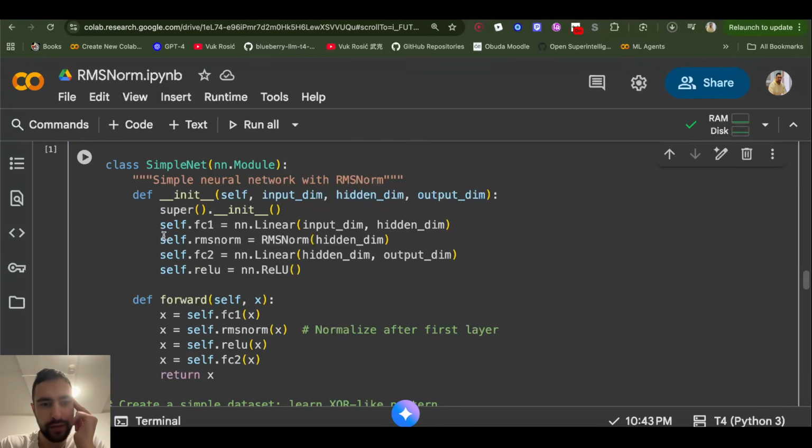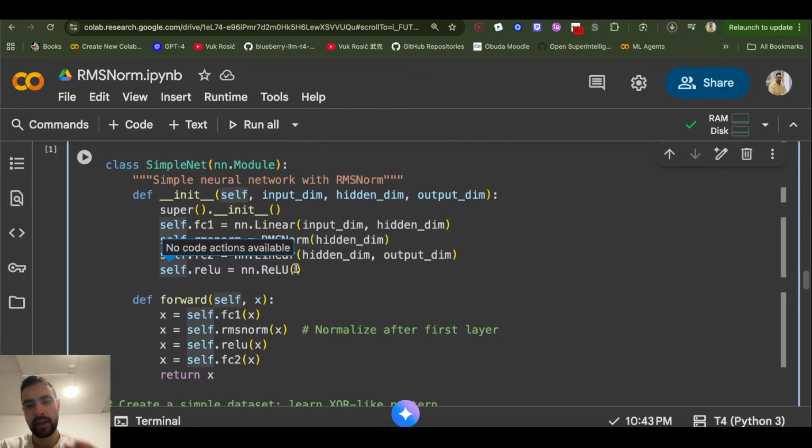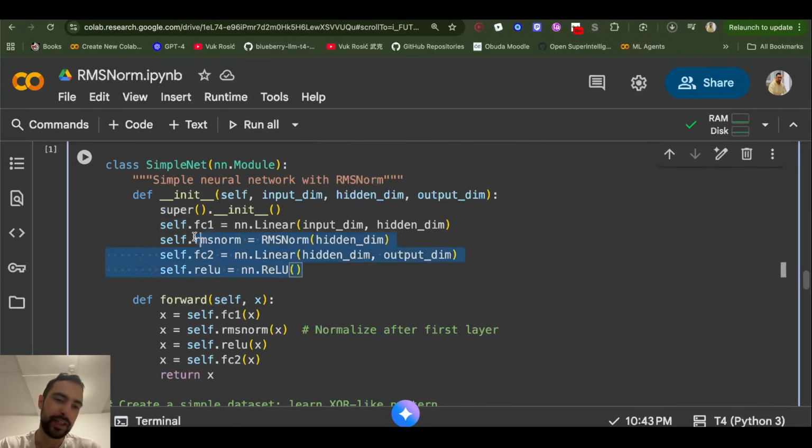We will also define RMS norm and normalize the hidden layer in this case. We have just 1 layer, so we'll just normalize this 1 layer. At the end, we have ReLU activation because our task is not linear. You can check my video Neural Networks from Scratch or Neuron from Scratch to understand better the intuition behind these.